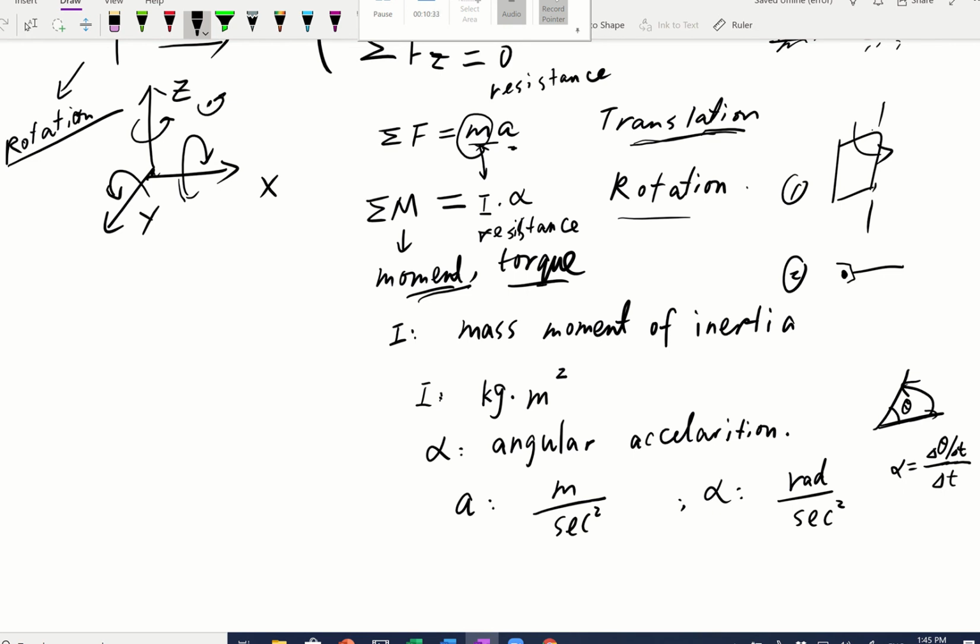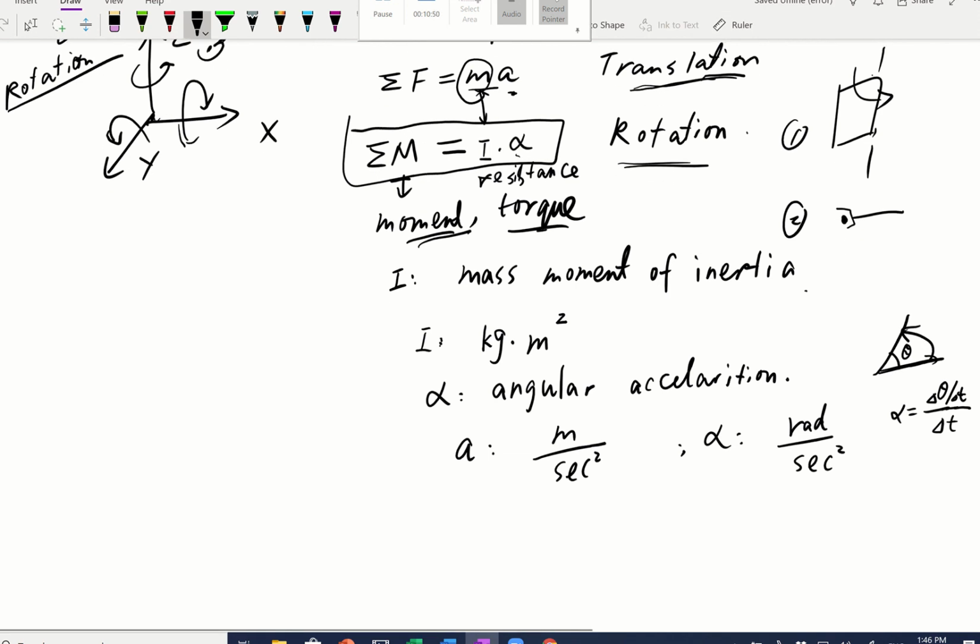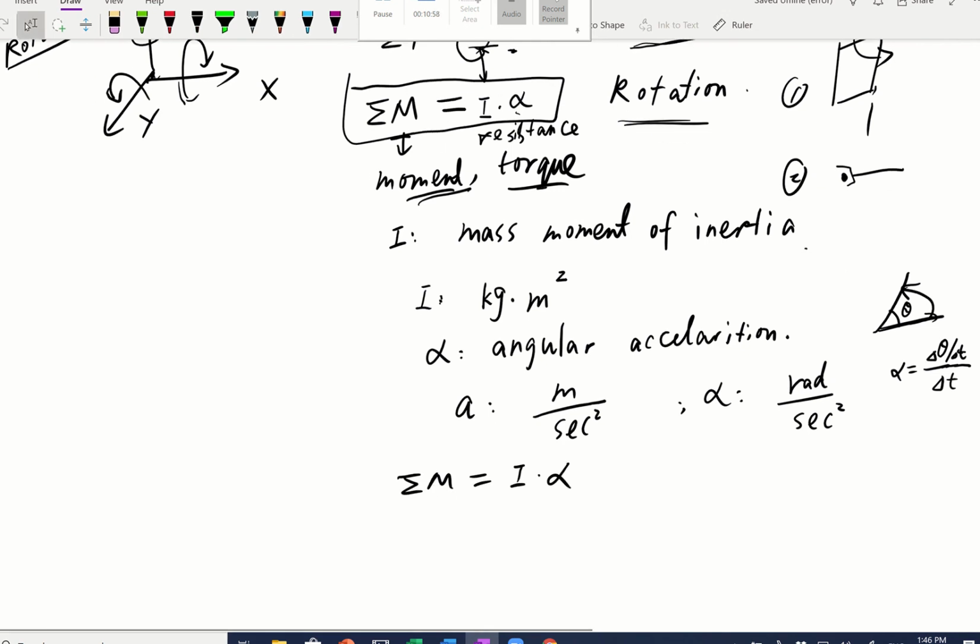So knowing that, we have the equation for the rotational world. M, the torque or the moment, is equal to I, mass moment of inertia, times alpha, angular acceleration. We can use dimensional homogeneity to try to prove this equation again. So let's see. Summation M is equal to I alpha. Let's see if the left and right sides have the same dimension.